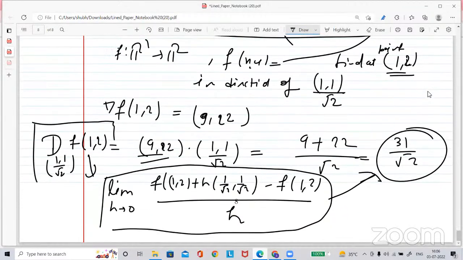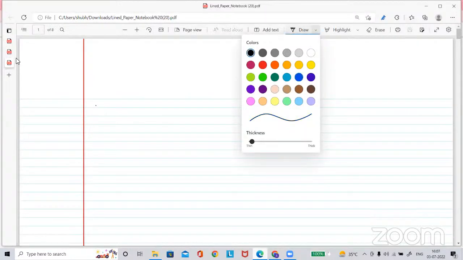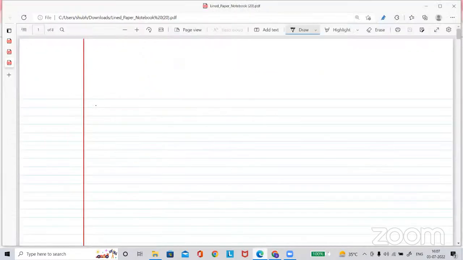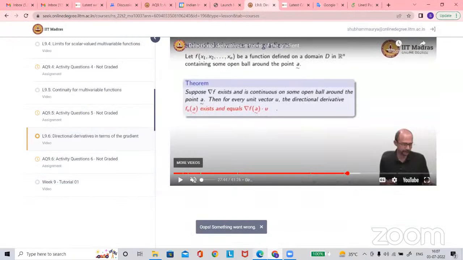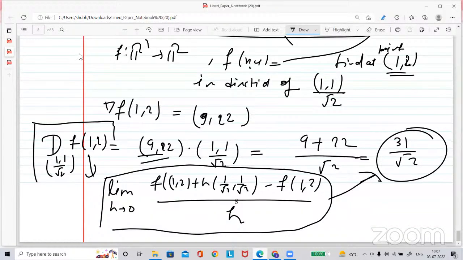But the condition is this theorem. If you want to apply the gradient to find the directional derivative, the partial derivatives should exist, and not only exist, they should be continuous.